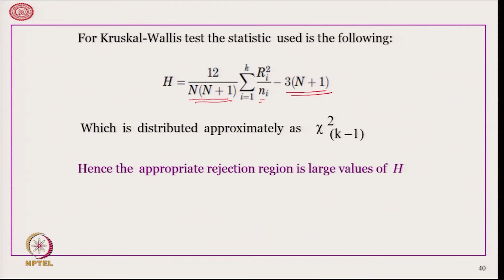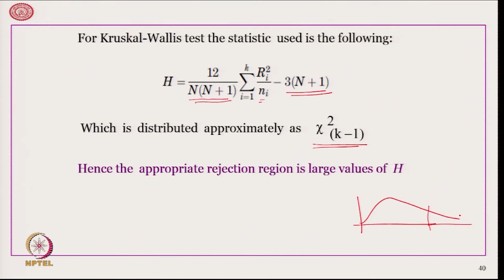Let us remember that we are not going to derive it, and it can be shown that this is distributed approximately as chi square with k minus 1 degrees of freedom. As we all know, chi square has this type of shape. Therefore, we shall reject the null hypothesis if the value obtained is too high.